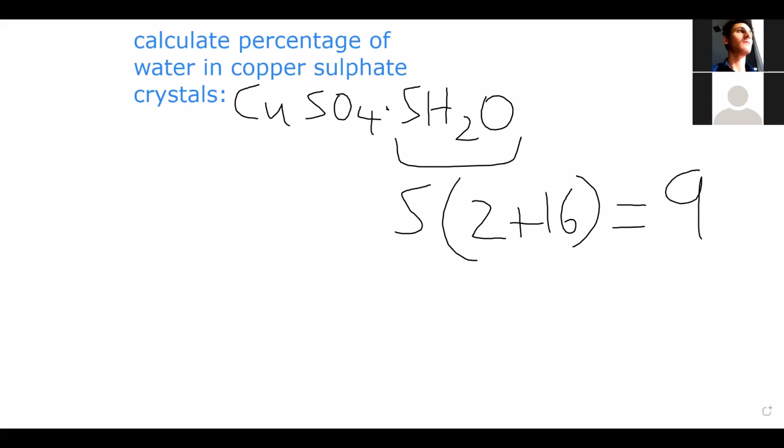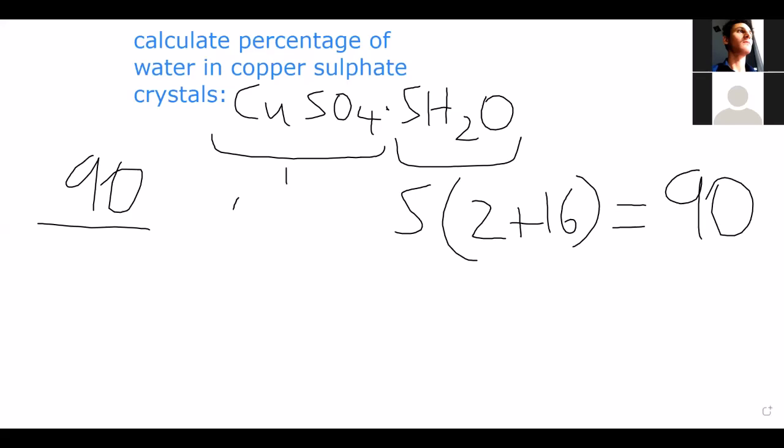90. Now we'll divide 90 by the total MR of this compound. The total MR will be 90 plus the MR of copper sulfate. Copper is 64, so 64 plus sulfur is 32 plus 4 times 16, that is 160.